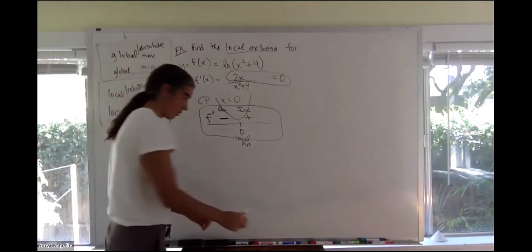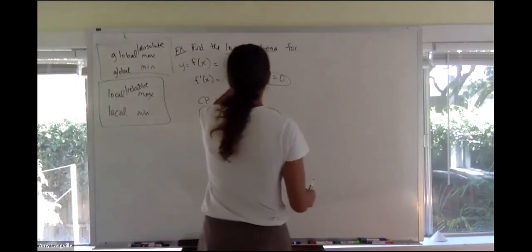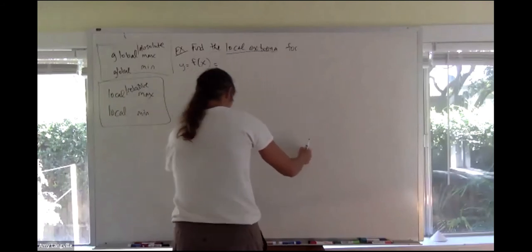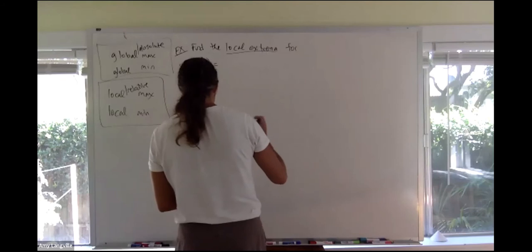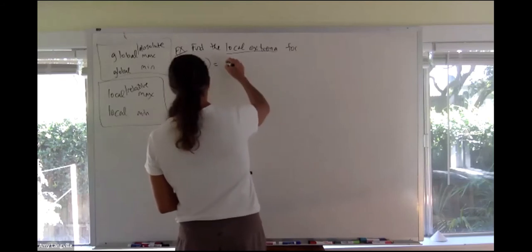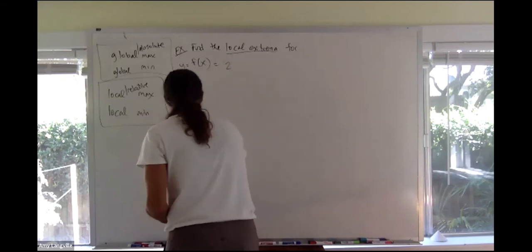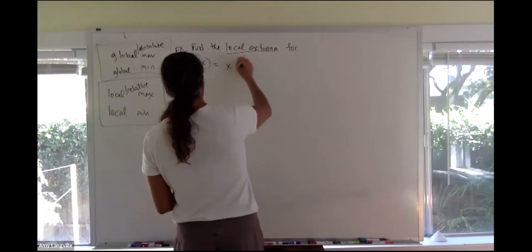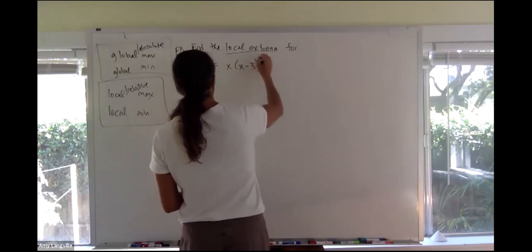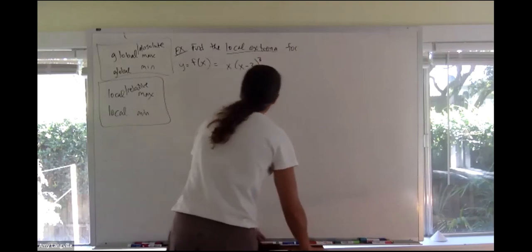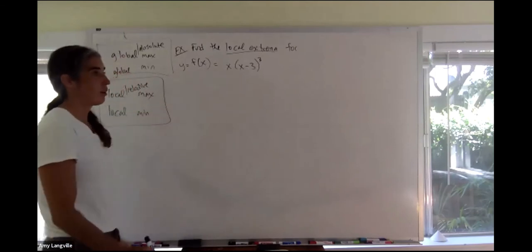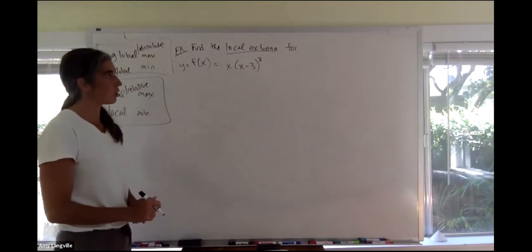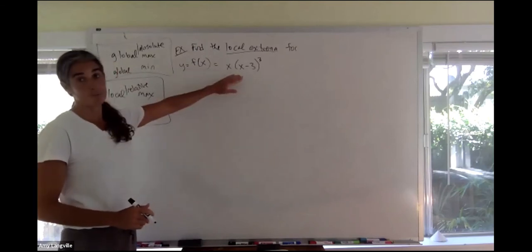Okay, let's work one more in this section. Find the local extrema for this function, another polynomial function. But what do you notice about this one? Which kind of differentiation rules are we going to need for this problem?